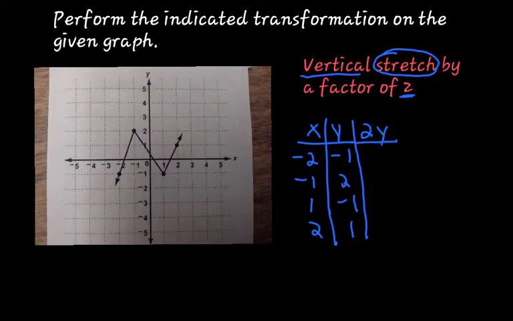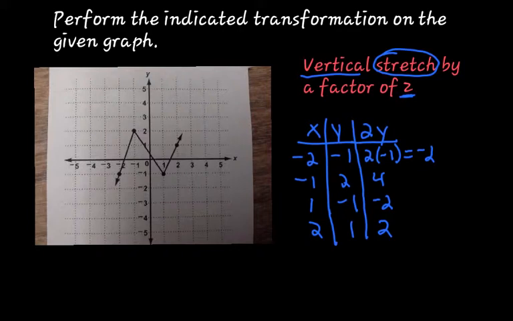So you just multiply. 2 times -1, which is the first y, that's going to be -2. The next one is going to be 4. You multiply, multiply, and multiply. So you're just going to graph: the x values didn't change, and you're going to graph the new y values.